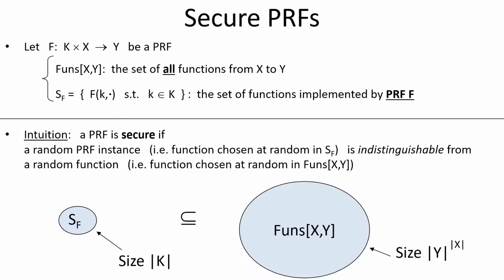And in the security experiment, you will either talk to a random representative of this family, in other words, to a function which is one of these, and is randomly chosen from the set. In other words, this key is chosen at random, and the function is fk. Versus a random function from this set. And what is a random function from this set? It's a random function from domain x to range y.